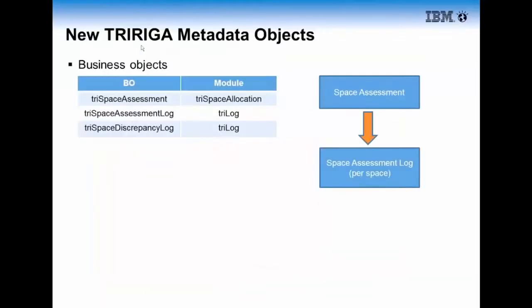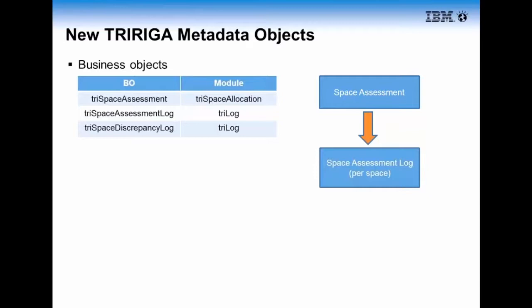For the new TRIRIGA objects that we added for the space assessment and space management applications, first of all, there are three business objects. The first one is the tri-space assessment, and it is in the tri-space allocation module. The other two are the tri-space assessment log and the tri-space discrepancy log, which are in the tri-log modules.